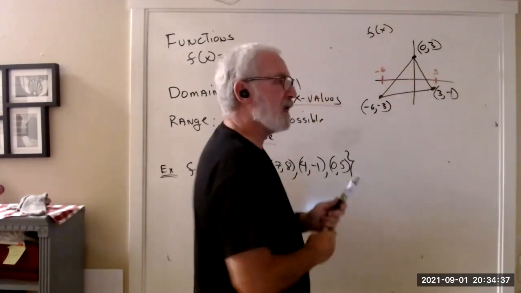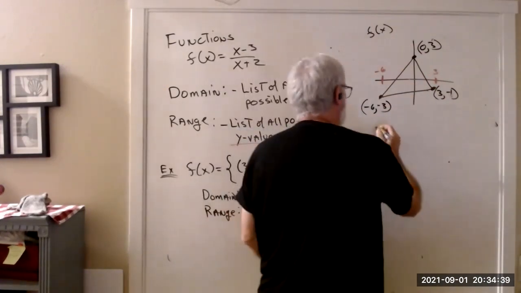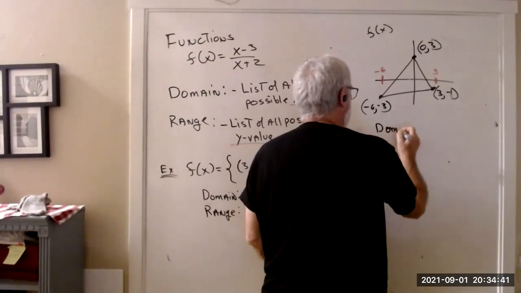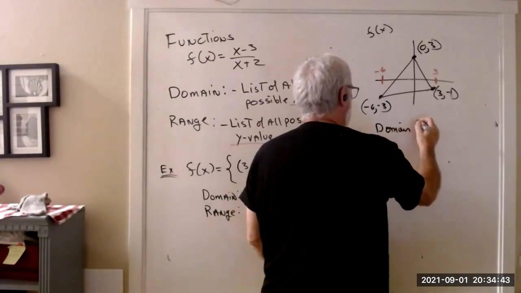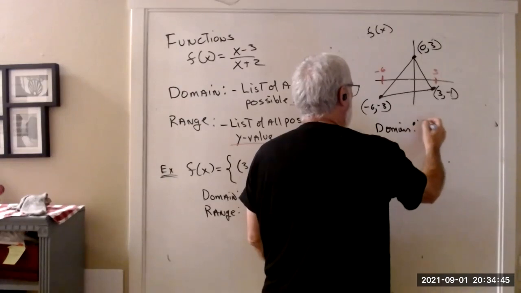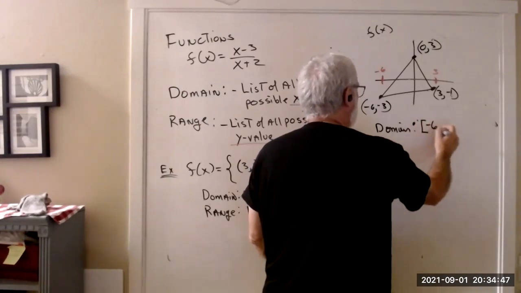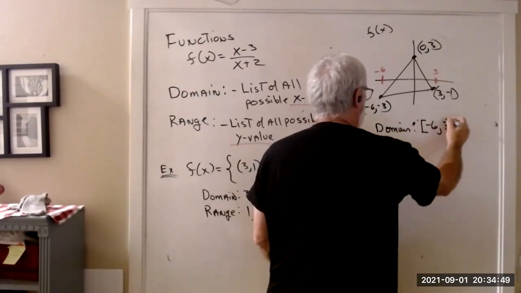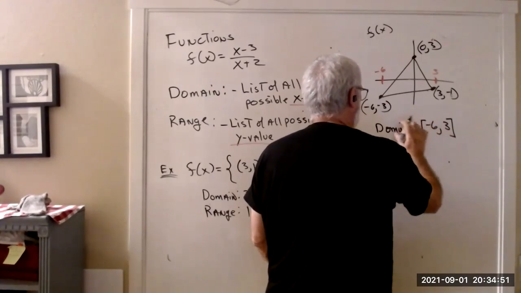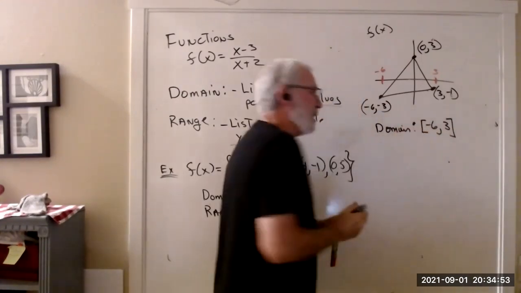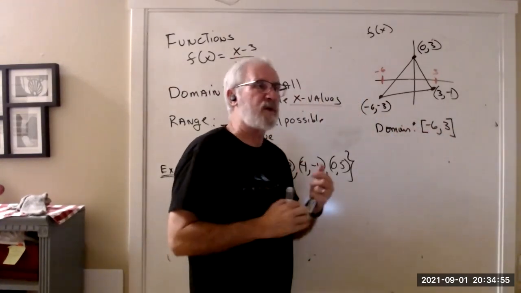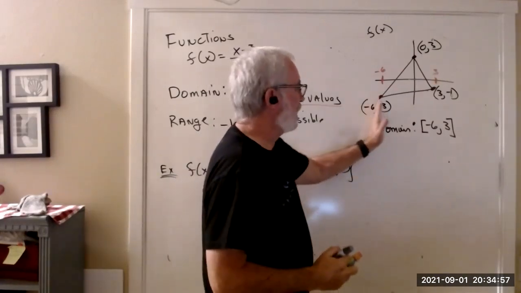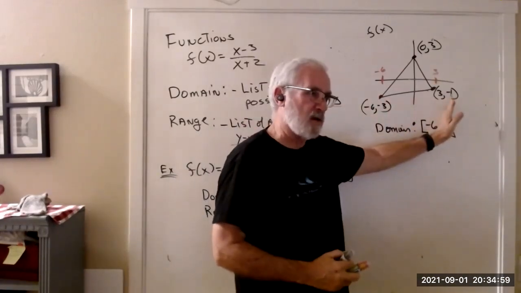So in this case, hang on to your horses, the domain is bracket -6, 3 bracket. Okay, because I want everything in between -6 and 3.